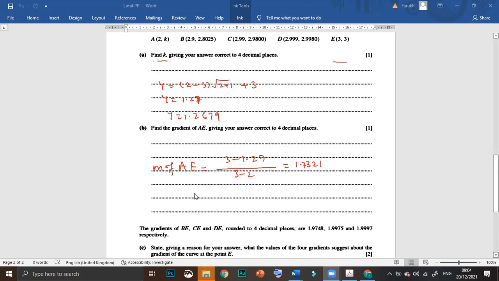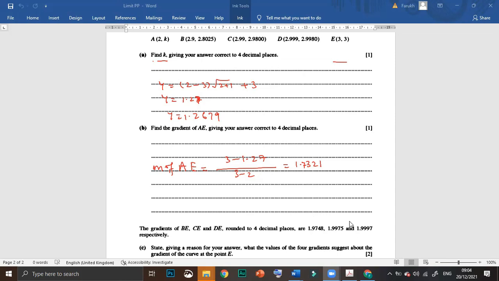In the next part it says the gradients of BE, CE, DE rounded to 4 dp are 1.9478, 1.9975, 1.9997. State, giving a reason for your answer, what the values of the gradients suggest about the gradient of the curve at E. When we are moving close to the point E from left towards right, the gradients of the secant lines are 1.97, 1.99, 1.99.